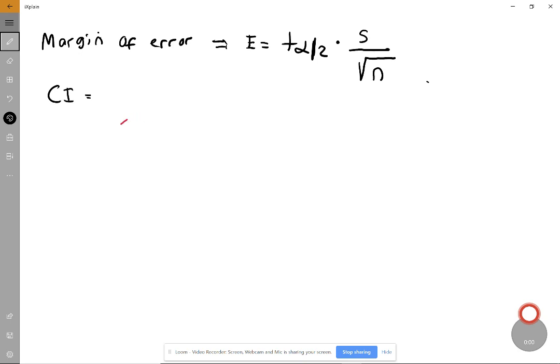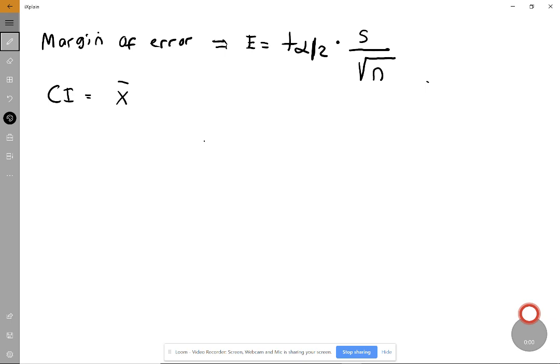First of all, we take x bar. And what is my x bar? If you can recall it from the previous lectures. Remember that x bar is the point estimate.